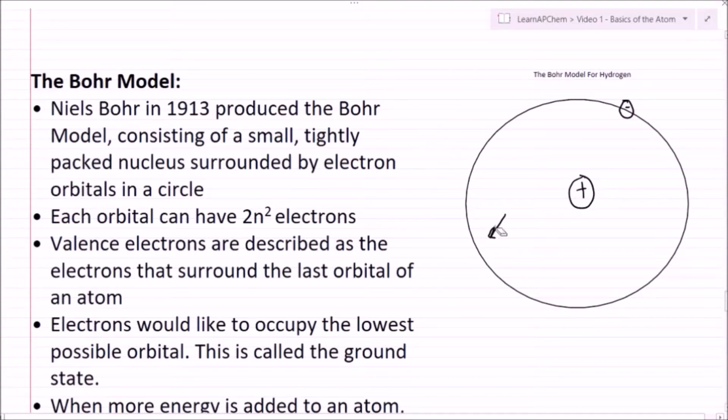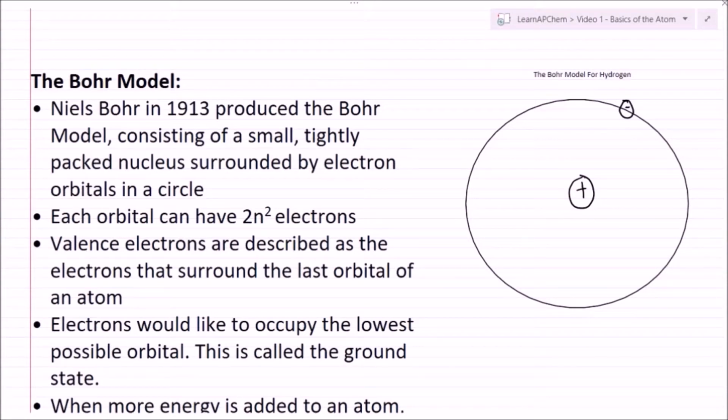Also note that when you draw these Bohr models, you should try to draw the electrons further away from each other. So don't draw another electron right here. It's not incorrect, but it's just really bad form, and you would almost never see that.